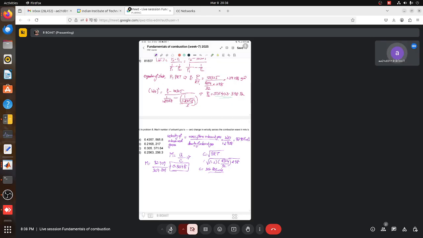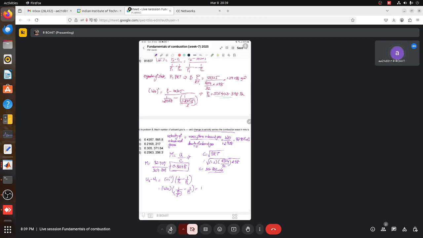Now you are asked to find the change in velocity across the combustion wave. Which is nothing but U2 minus U1, which is nothing but mass flux into 1 by rho 2 minus 1 by rho 1. So mass flux, you know, it is 120 into 1 by rho 2, where rho 2 is nothing but rho 1 by 5, minus 1 by rho 1.